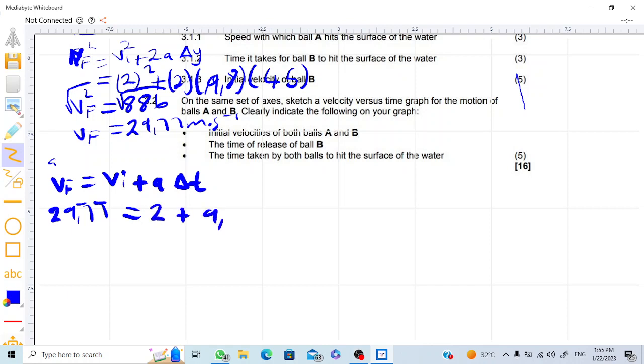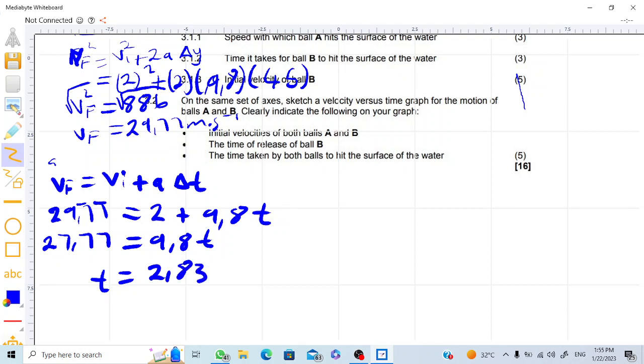plus 9,8 delta t. Now 29,77 minus 2 will give you 27,77, which is equal to 9,8 t. Now you divide by 9,8 on both sides, your t will be equal to 2,83 seconds.